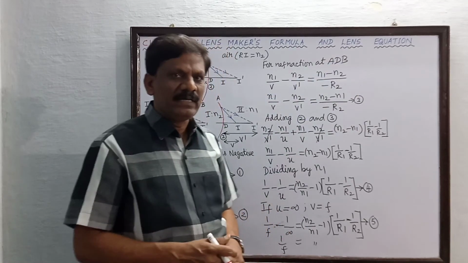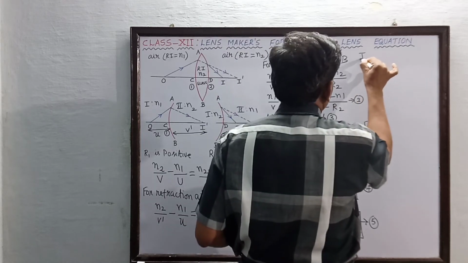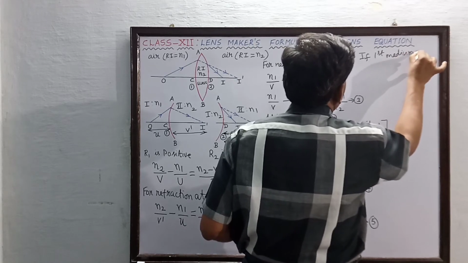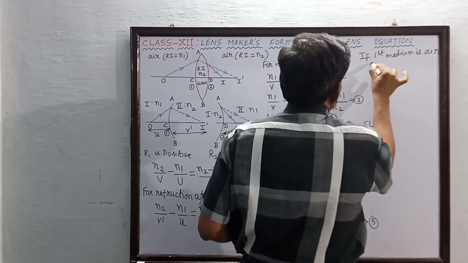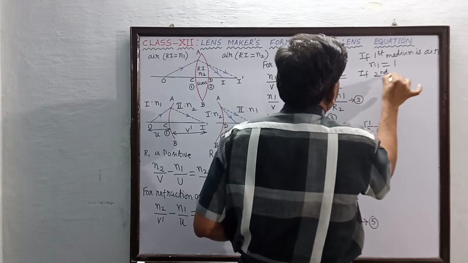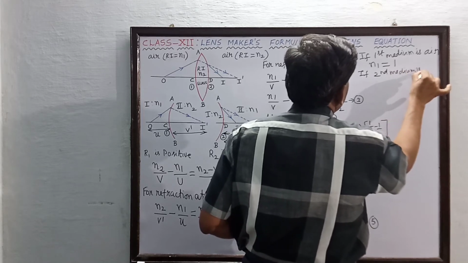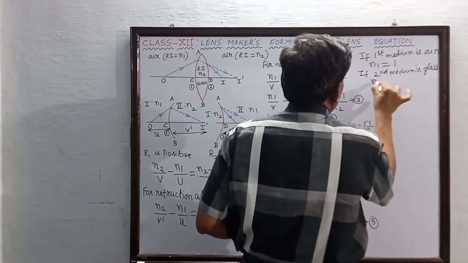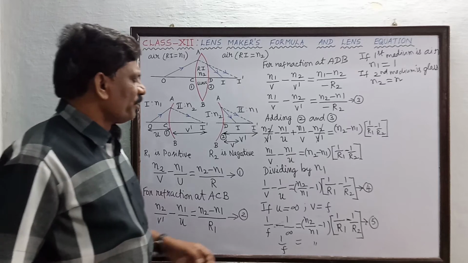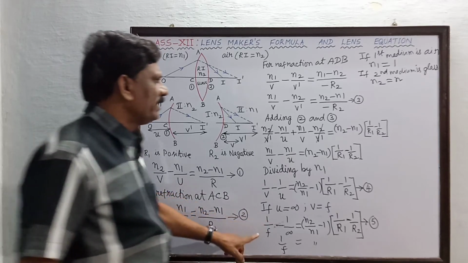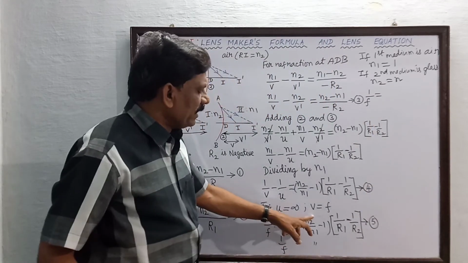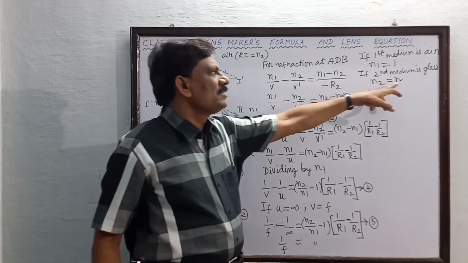And prior to that, suppose the first medium is air and n1 is equal to 1, and the second medium is glass, n2 can be taken as n. Understand? So the above equation can also be written as 1 by f is equal to n2 by n1, which is n by 1.